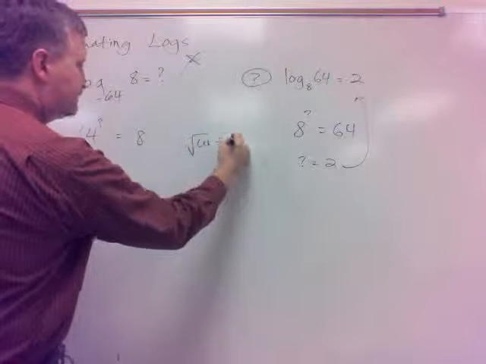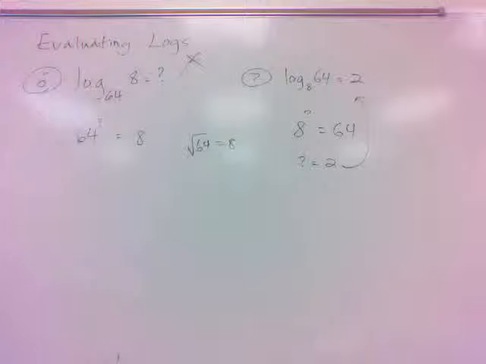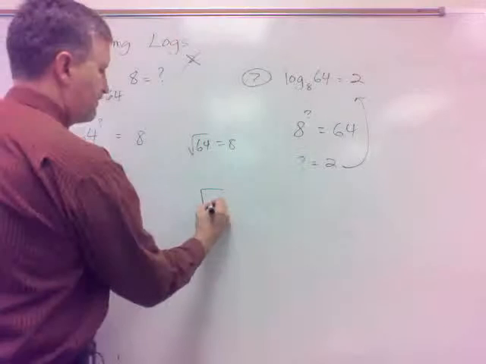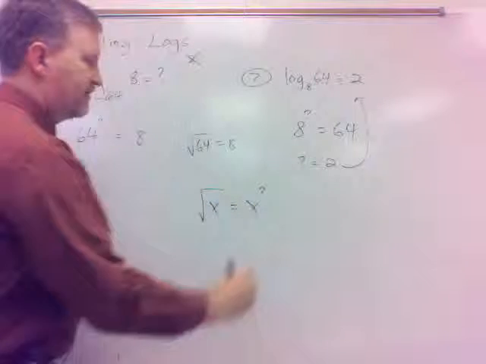Good observation to note there, because I don't know that we've mentioned it yet in this class. Maybe we have. How can I write a square root as a power? Isn't there a connection between a square root and a power? If I have the square root of a number, how can I write that as a power?